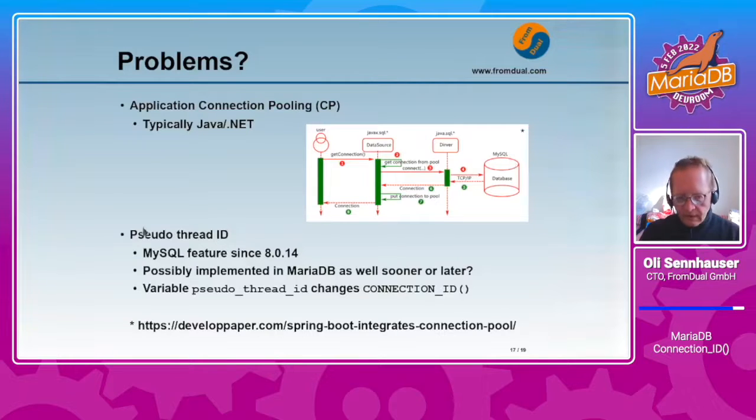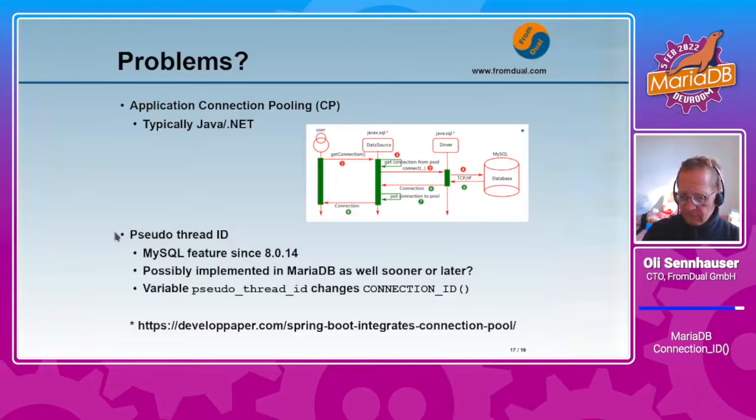Then another thing, it's quite new. It does not yet happen in MariaDB, but possibly it will happen in the future. I don't know. In MySQL, since the 8.0.14 release, there is a variable called pseudo_thread_id. Possibly this is implemented in MariaDB as well, sooner or later.